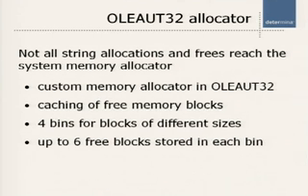Each bin is an array that contains up to 6 free blocks. So if your cache for a certain size is full, and then you free a block of that size, it's not going to go into the cache. It will just go directly to the system allocator and will get freed.